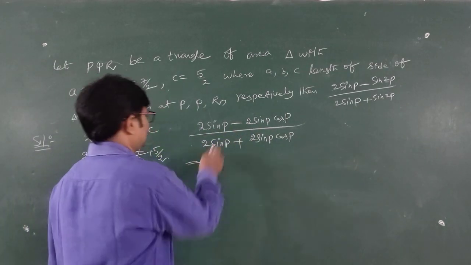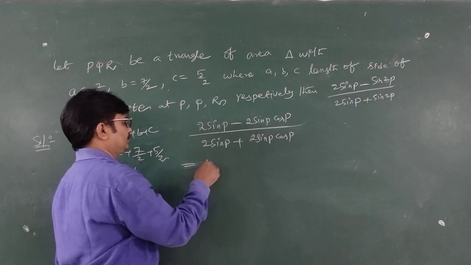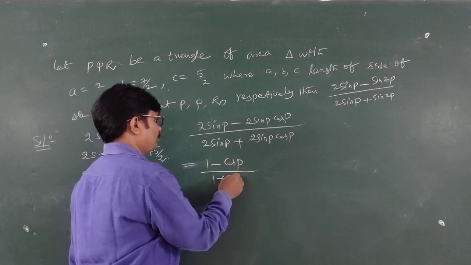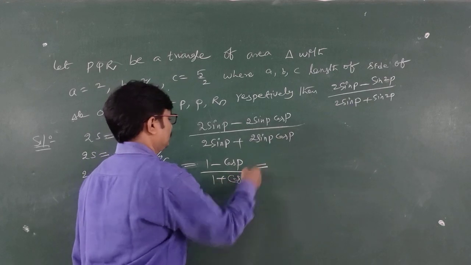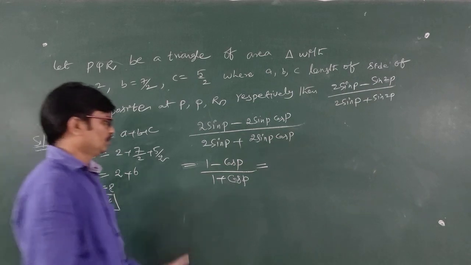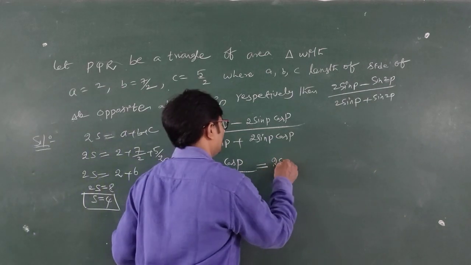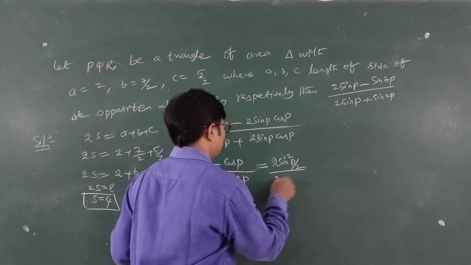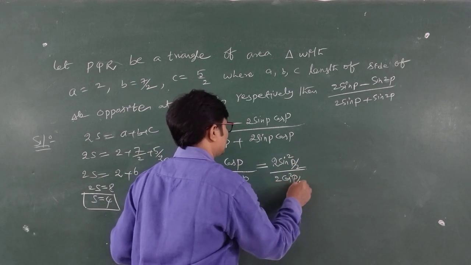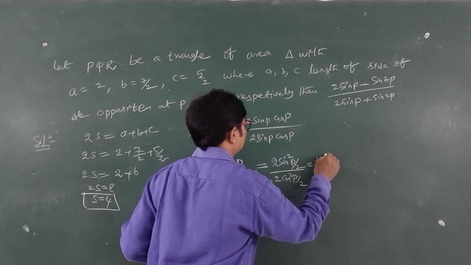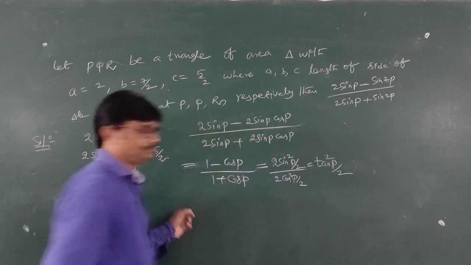That gives 1 minus cos p upon 1 plus cos p. Here 1 minus cos p is 2 sin square p by 2, and 1 plus cos p is 2 cos square p by 2. So this is tan square p by 2.